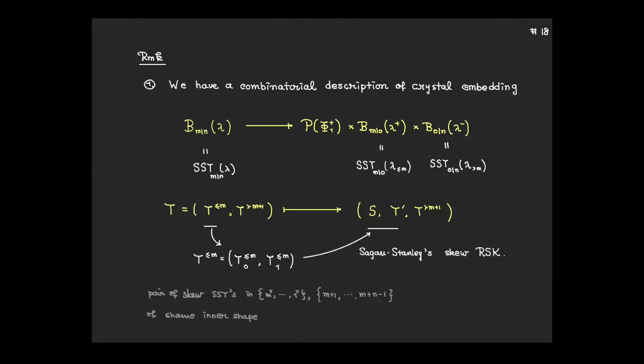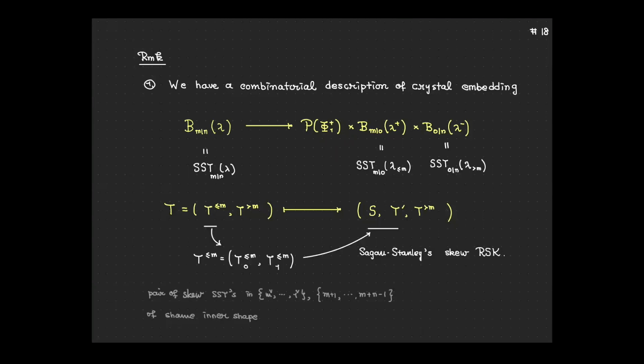The algorithm is like this. T_{≤m} means the subtableau of our T obtained by just taking the first m rows, and T_{>m} is the other complement.